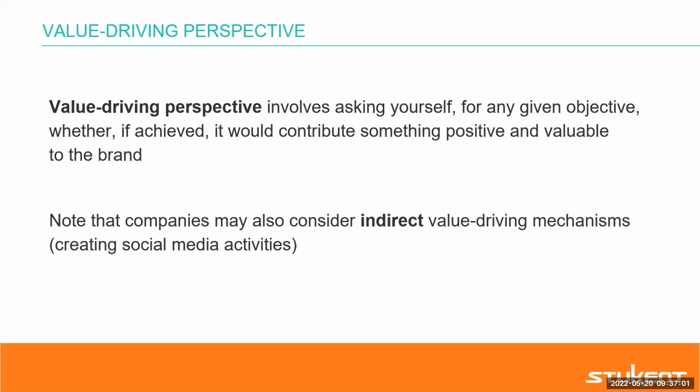But also, we want to think about things that might happen in the background that you're not considering up front. And that is the indirect value driving mechanisms that could be popping up. The value driving perspective, if you look at the definition of it, is really just asking yourself, okay, what is the positive and valuable element that's being provided to the brand here?